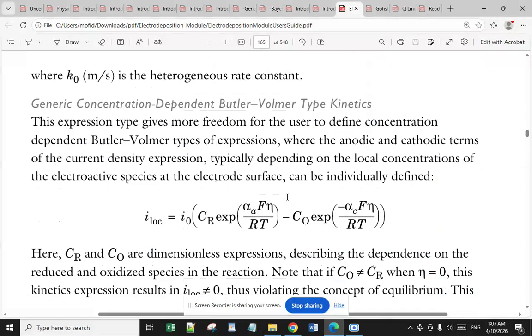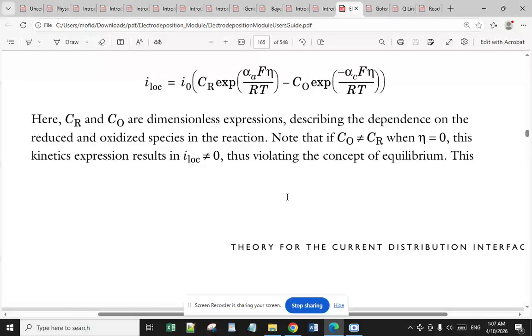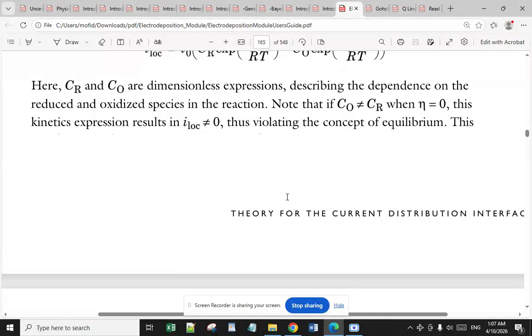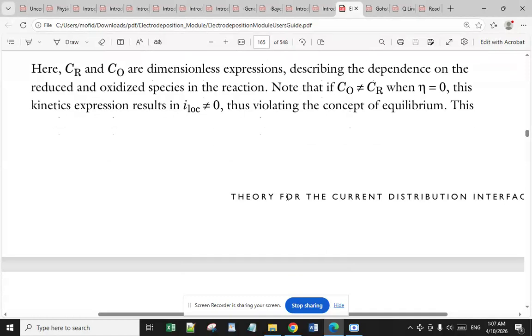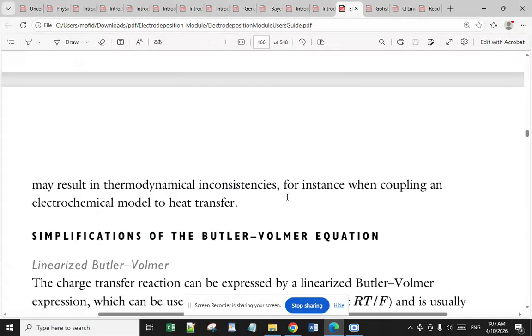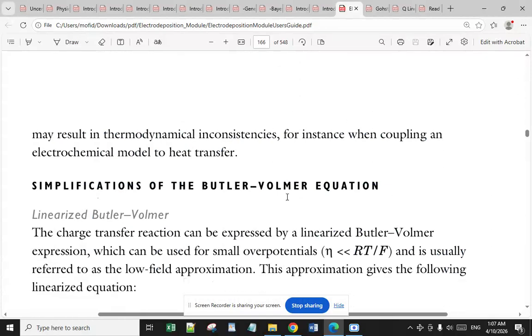Here CR and CO are dimensionless expressions describing the dependence on the reduced and oxidized species in the reaction. Note that if CO is not equal to CR, when eta is equal to 0, this kinetic expression results in i local not equal to 0, thus violating the concept of equilibrium.